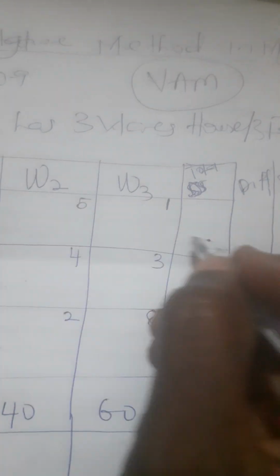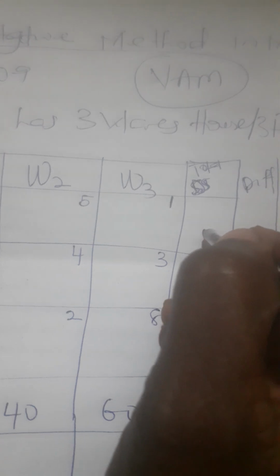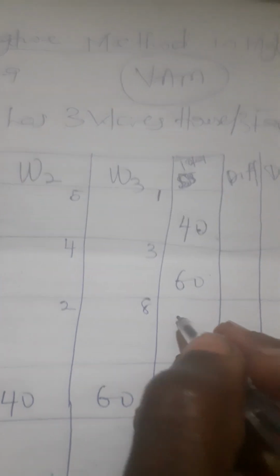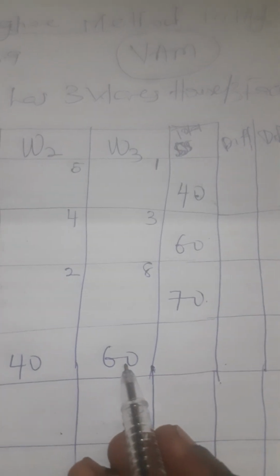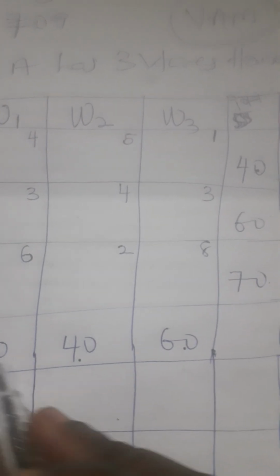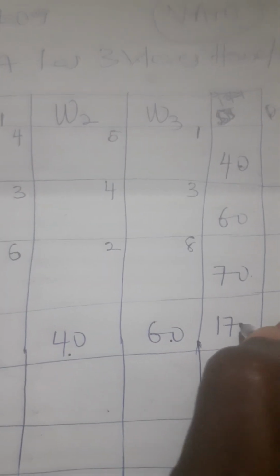So the total cost for each factory goes like this: 40, 60, and 70. We add it together, 40 plus 60 is 100, plus 70, that's 170. So also 60 plus 40 is 100, plus 70, everything here will be 170.